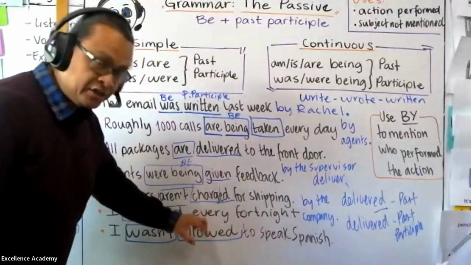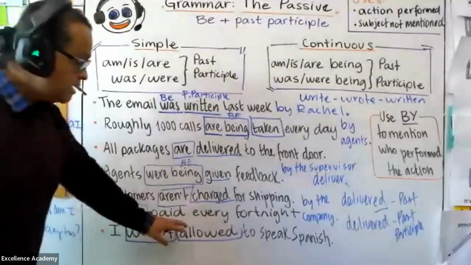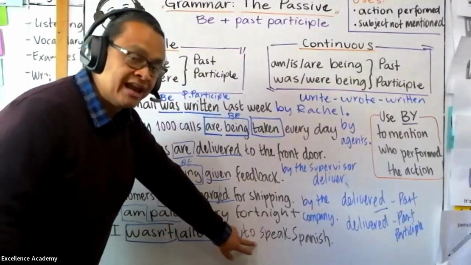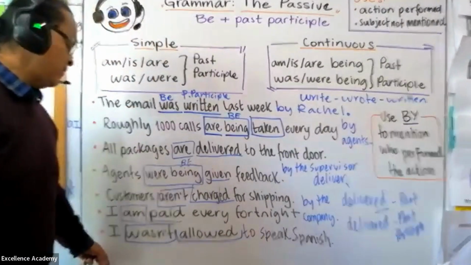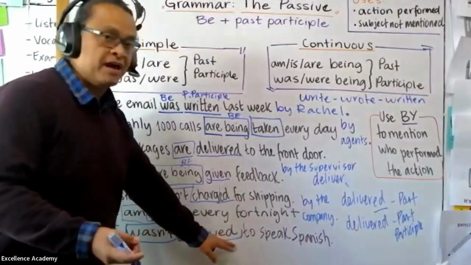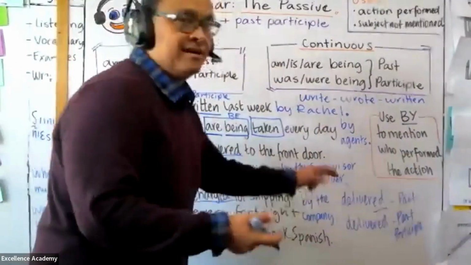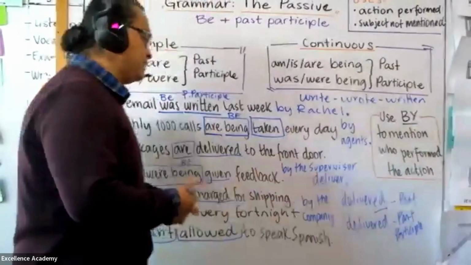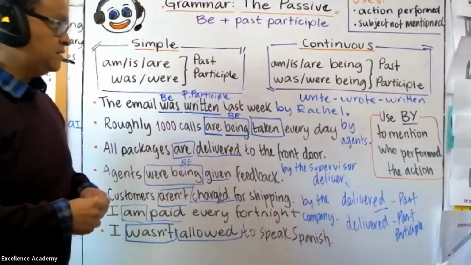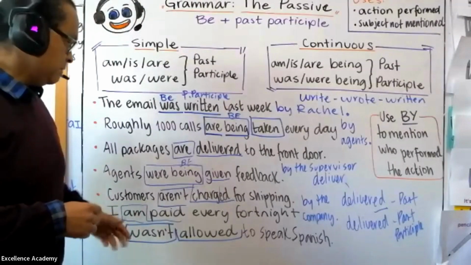That's the action I was focusing on over here, but I'm not mentioning who didn't allow me to speak Spanish. If we're talking about work at a call center, it's obvious that we're talking about by the company or by the line of business. So that piece of information is not relevant to understanding what we're talking about, okay?